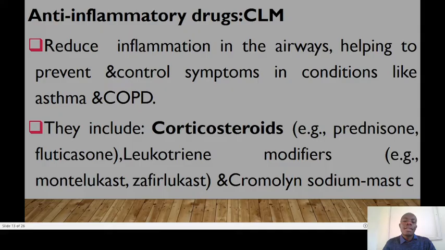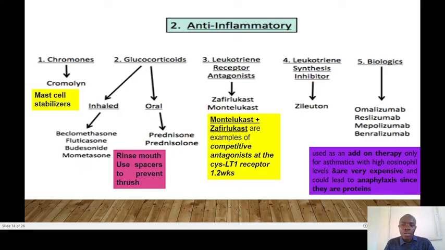And lastly, we have the mast cell stabilizers like cromolyn sodium. So guys, we could appreciate different drugs here: the cromones, the mast cell stabilizers, cromolyn sodium, and the glucocorticoids, both inhaled and oral.